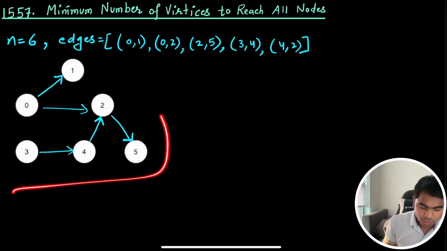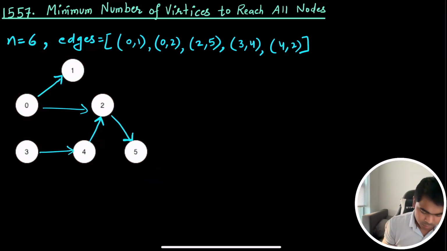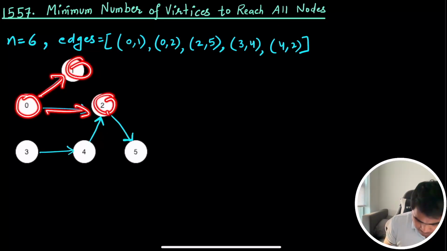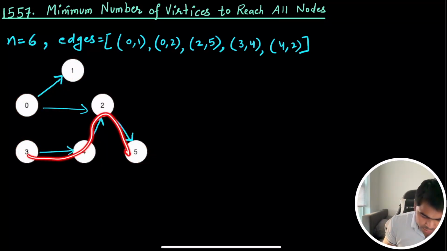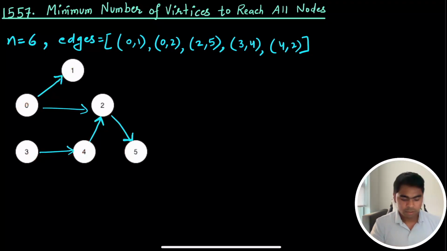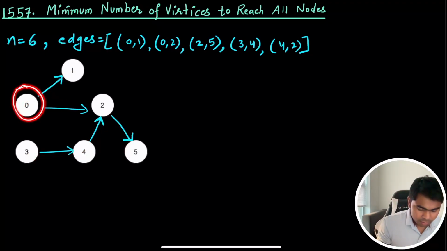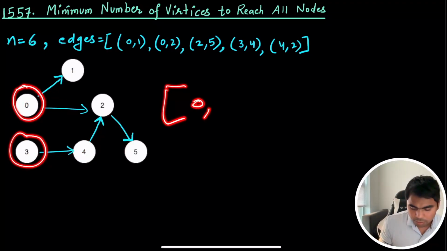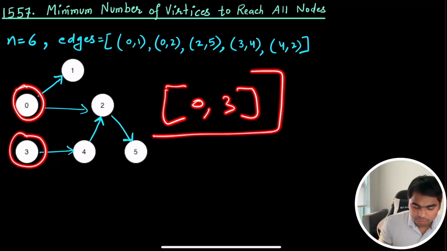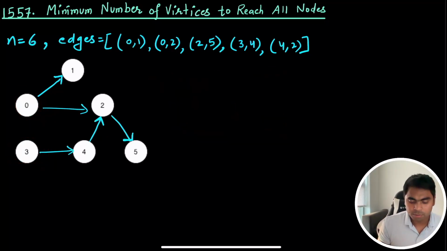Now I can reach all the nodes. So we have to have these two nodes 0 and 3 in our answer for this particular problem.